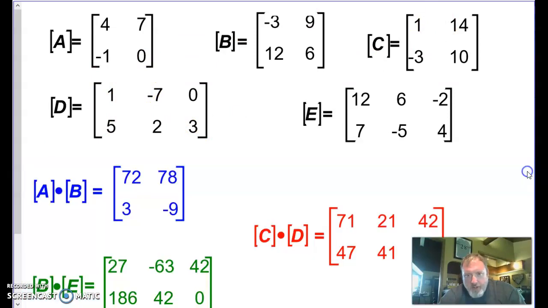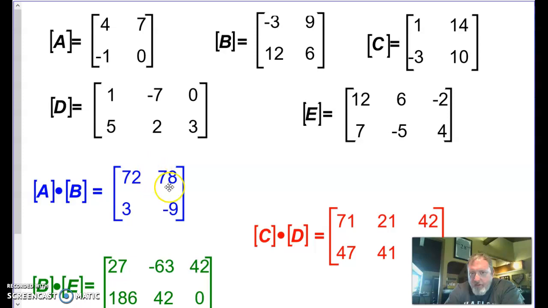And we are going to start with A times B. Now, again, with a 2 by 2, sometimes you can do this work in your head. So I didn't show all the steps here, but 4 times -3 is -12. 7 times 12 is 84. So -12 plus 84, that's where the 72 came from. 4 times 9 is 36. 7 times 6 is 42.